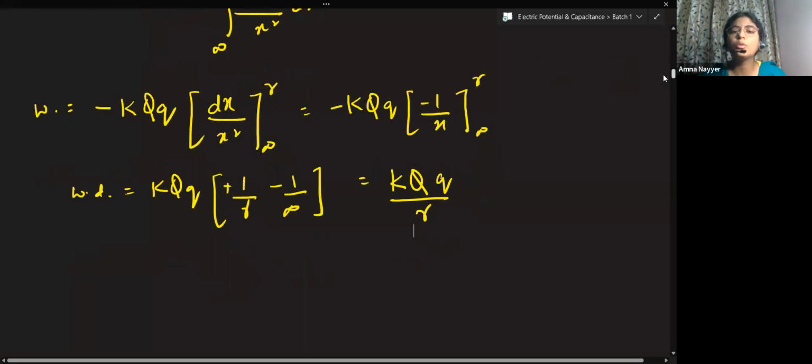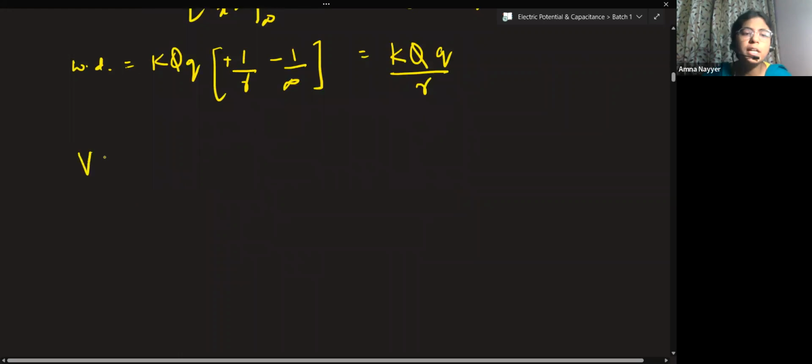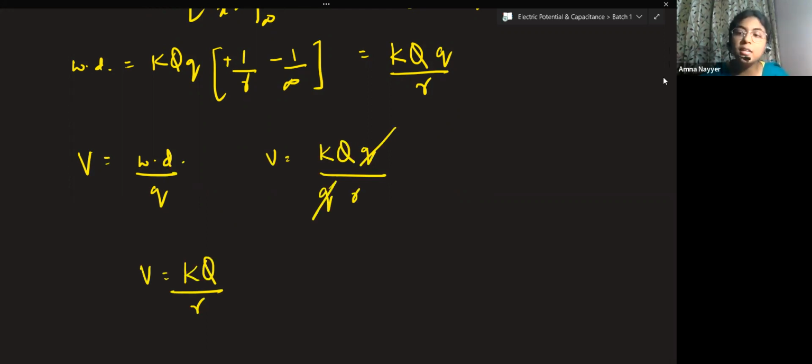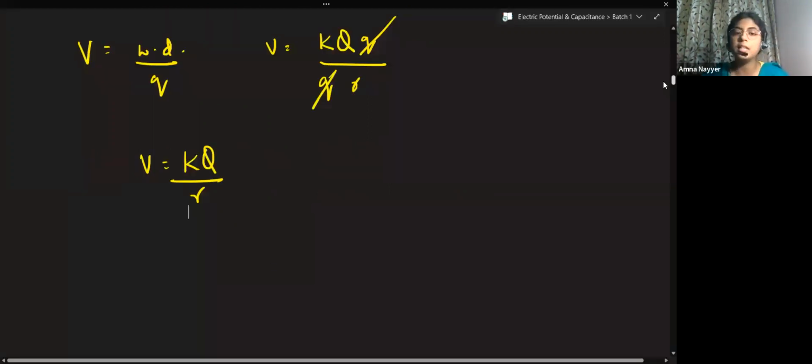Now as I've told you, the definition of potential is work done per unit test charge. So for potential, this will be K capital Q small q by R divided by this small q. Your small q gets eliminated, and potential is KQ by R, which you can also write as Q over 4 pi epsilon naught small r.